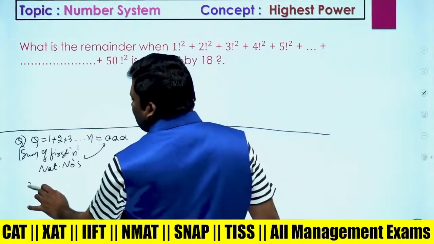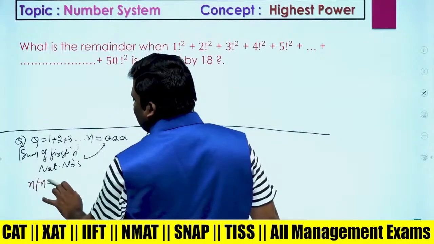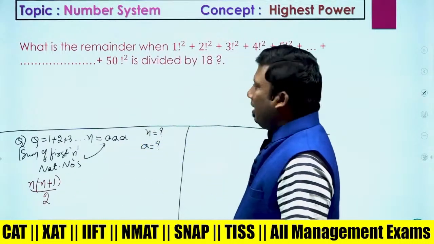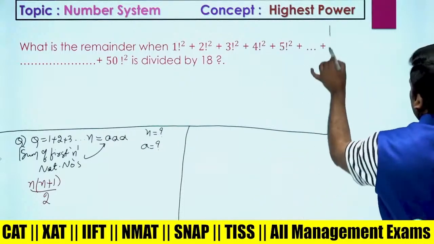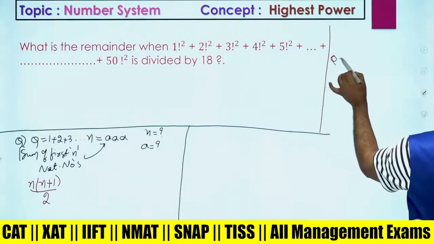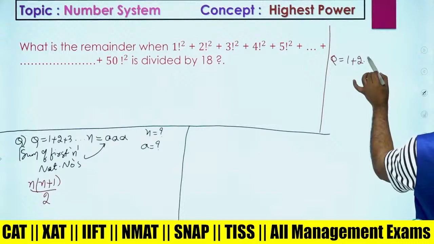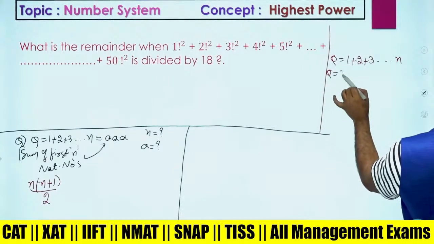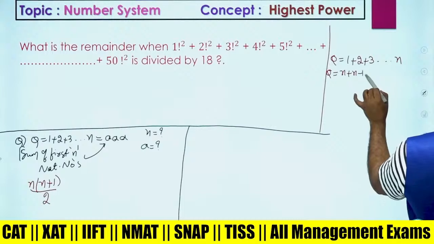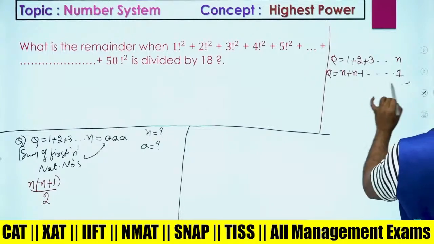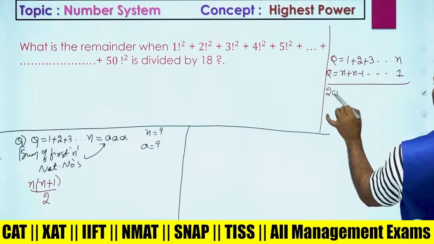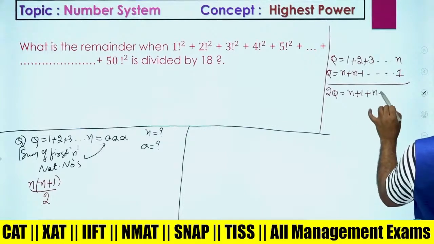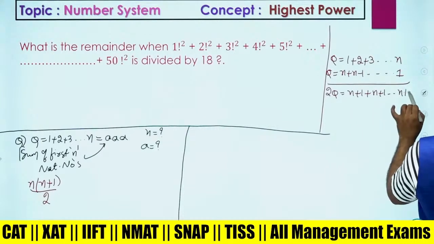The sum of the first n natural numbers is n into n plus 1 by 2. In case you want the proof, Q equivalent to 1 plus 2 plus 3 and so on up to n. Reverse write down n plus n minus 1 and so on up to 1. Q plus Q, 2Q. It is n plus 1, n minus 1 plus 2, n plus 1 added n times.